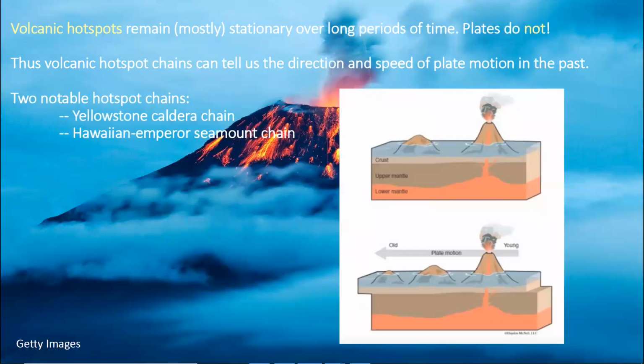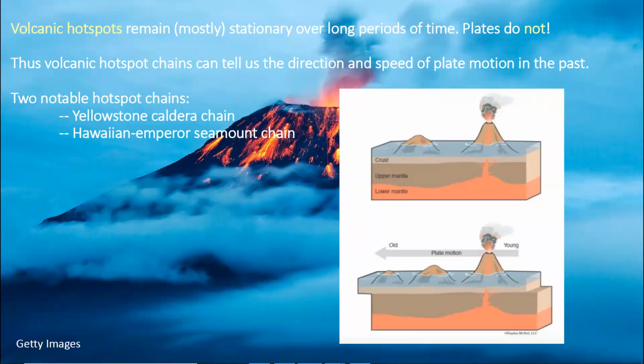So there are two notable hotspot chains that we're going to talk about in this lab. The first being the Yellowstone caldera chain, which we're going to use as an example in this lecture video to show how we can infer direction of plate motion using these chains, and then also calculate the rate of plate motion.